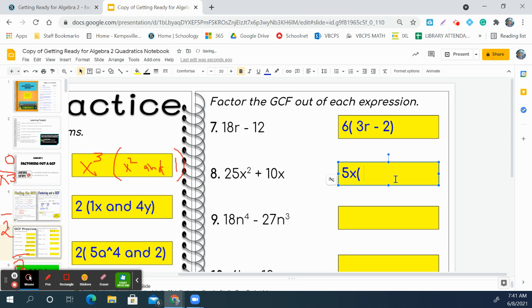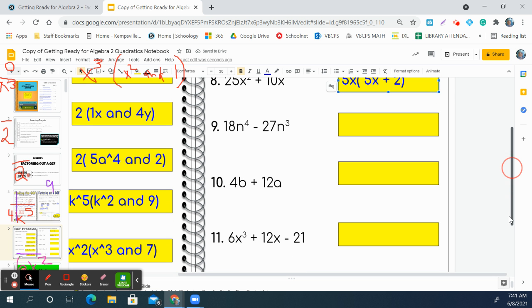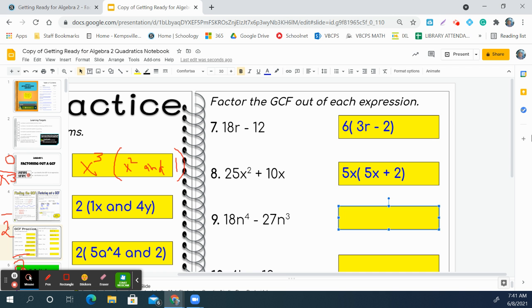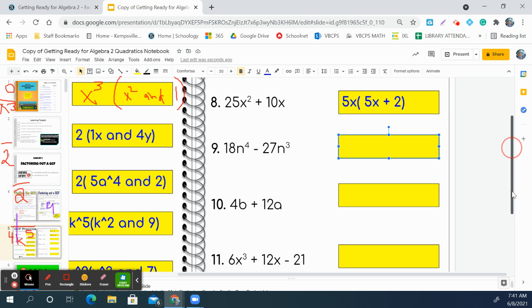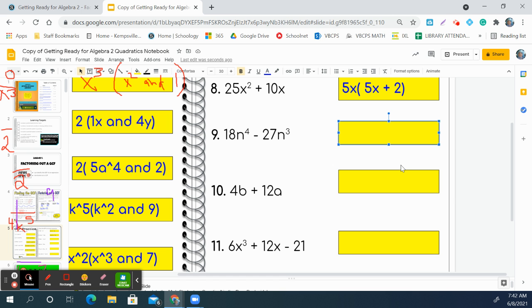And what's left over? 5x plus 2. Okay. What about the third one? Number 9? 9n to which power? 3. And what's left over?